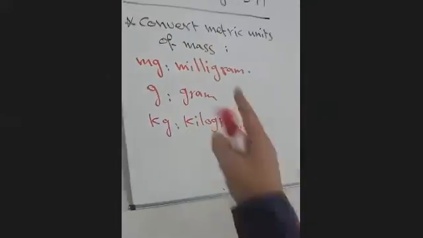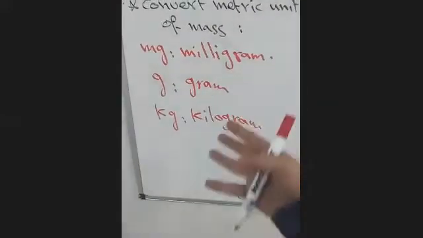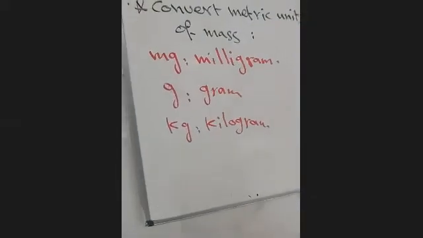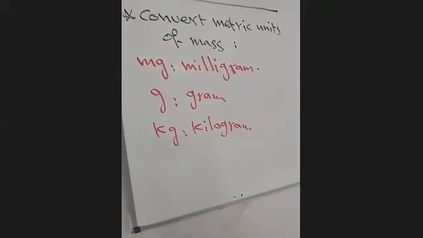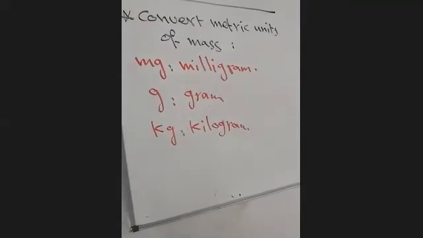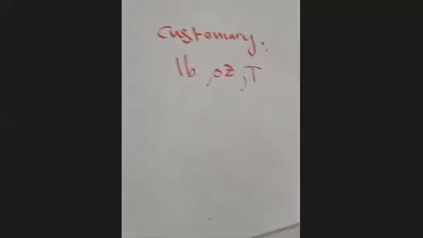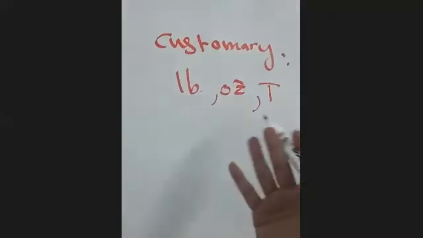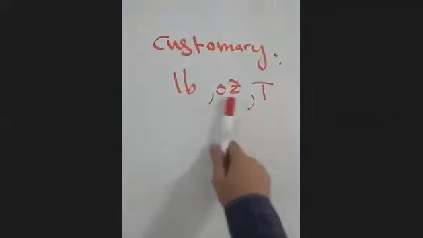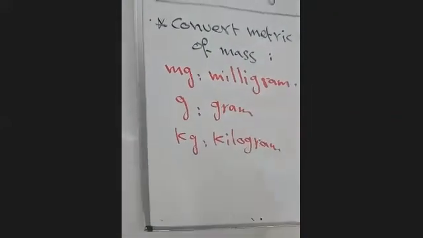These units we call metric units of mass, and we use them a lot in our lives. Unlike the customary units, pounds, ounce, and ton, today we have milligram, gram, and kilogram.